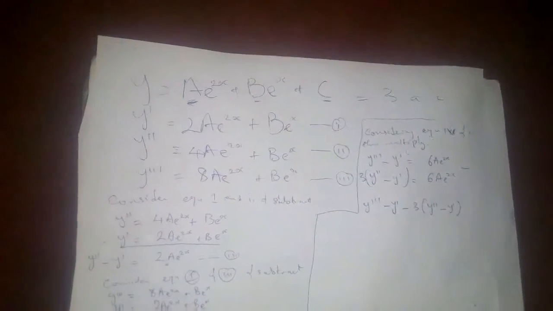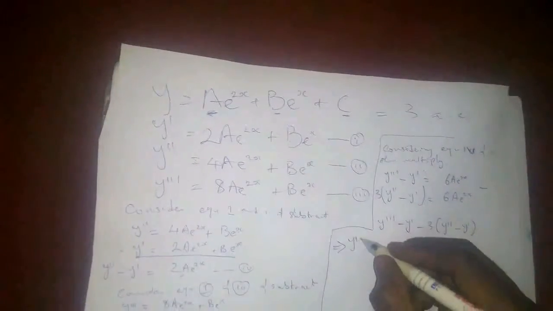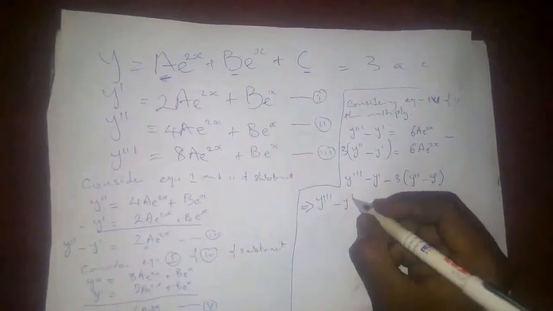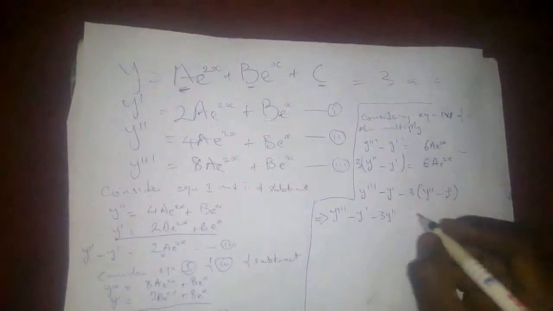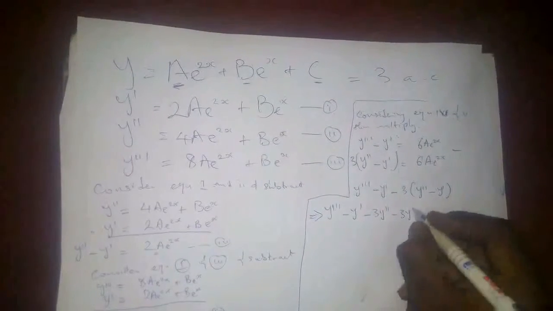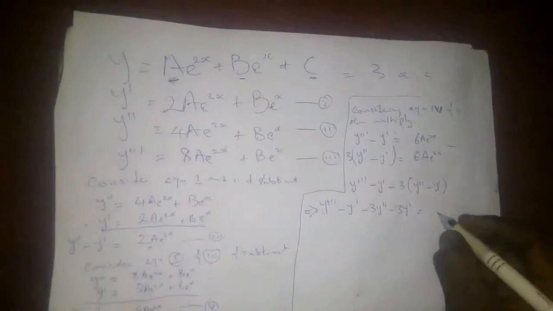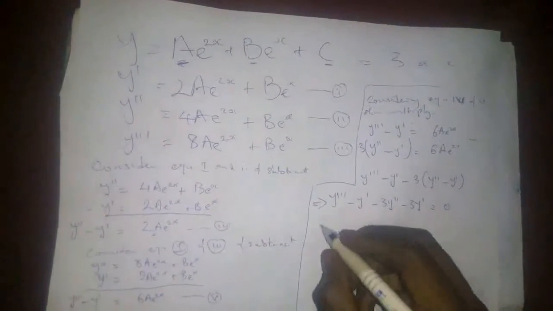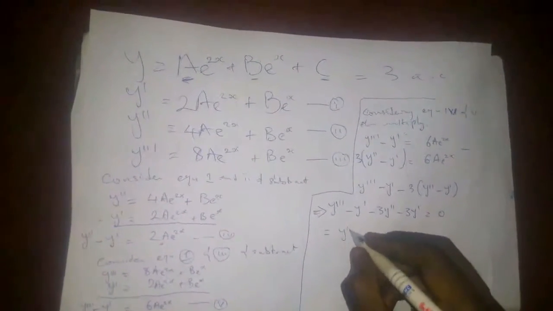So next it will give us y'' minus y' minus 3y' plus 3y, which is equal to 0.